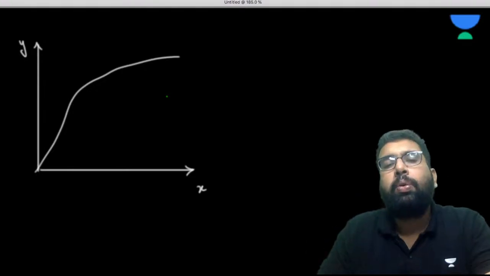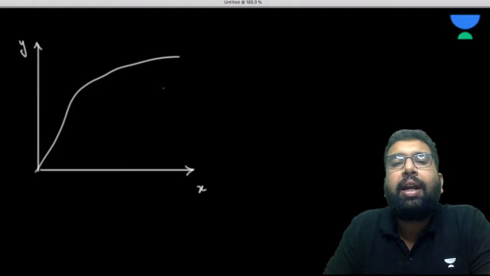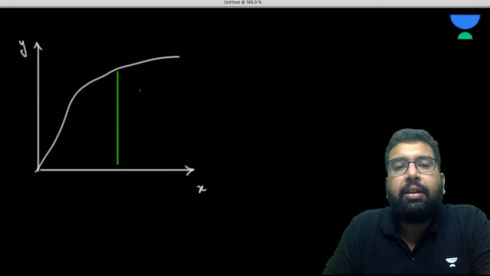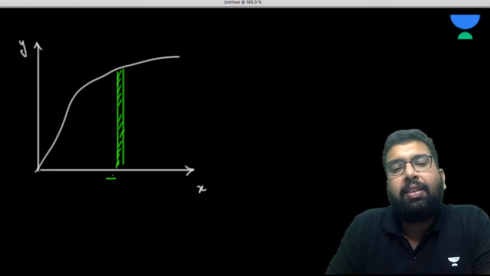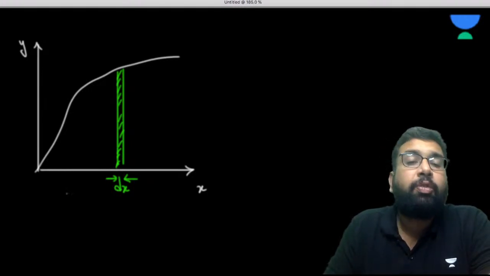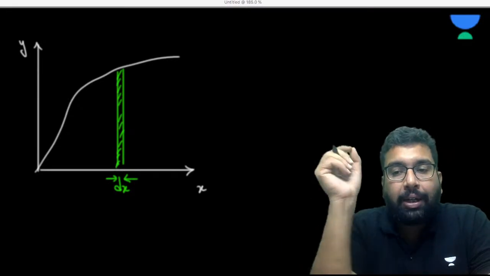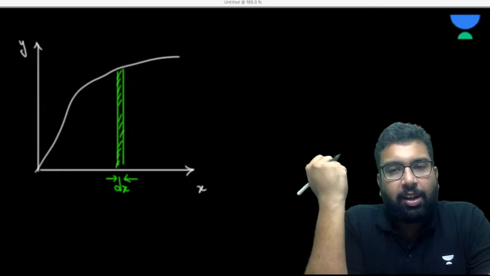So see what we do. Please understand this. If I divide the area under this curve into infinitely many small strips, such infinitely small lengths or quantities are represented with the prefix d, because they are differential quantities.